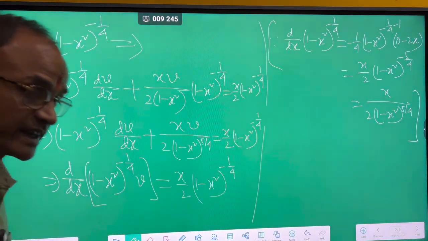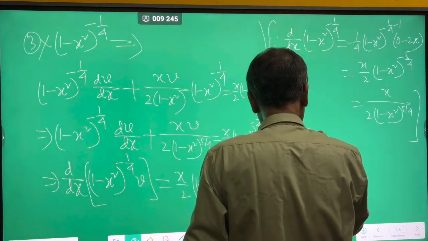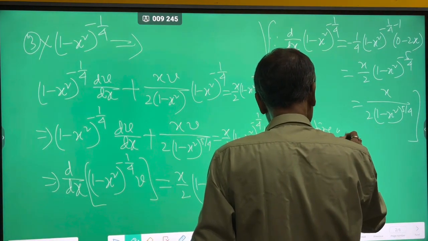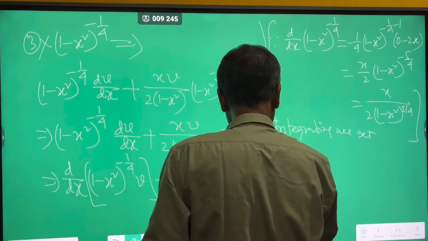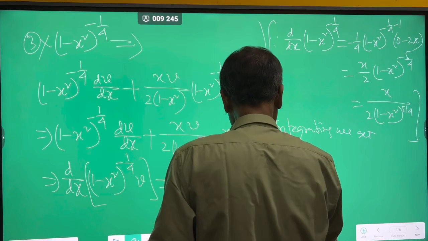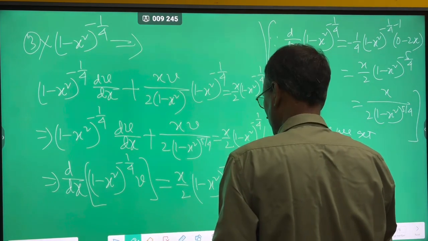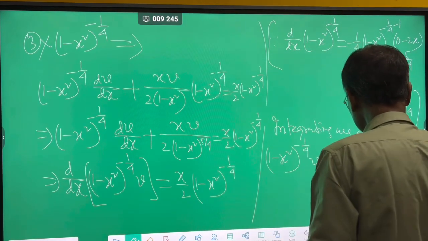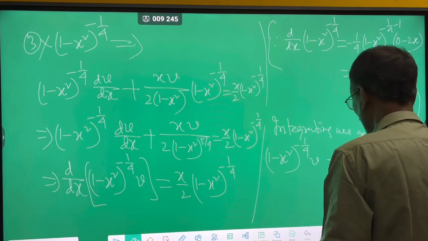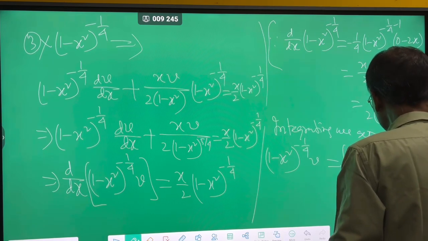Now integrating we get 1 minus x square whole to the power minus 1 by 4 v equal to integral x by 2 into 1 minus x square whole to the power minus 1 by 4 dx plus c.